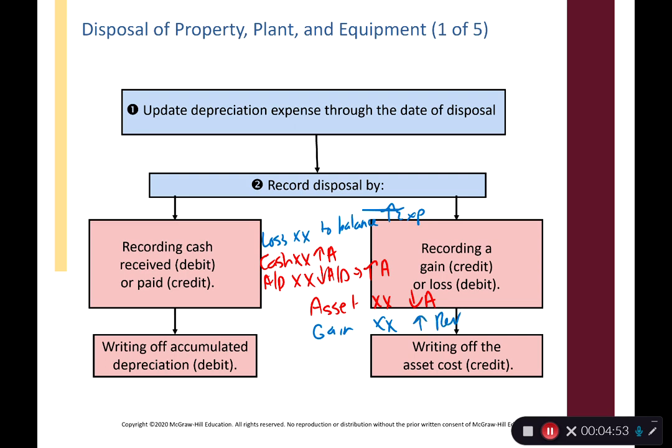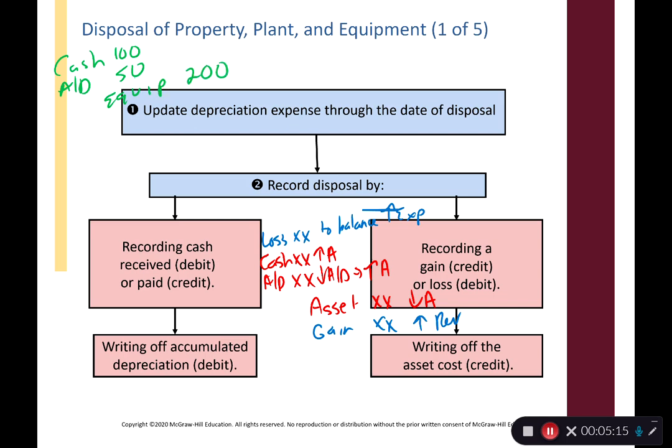So to give you an example with numbers, let's say we went through the process and we determined we got cash of 100. The accumulated depreciation on our asset was 50, and then the equipment balance was 200.